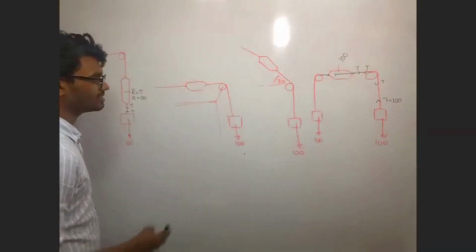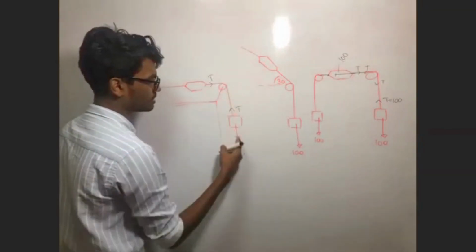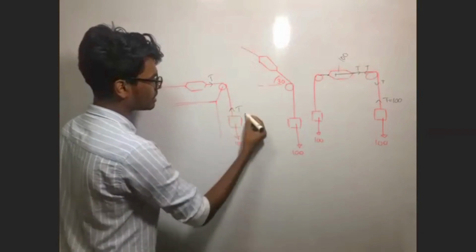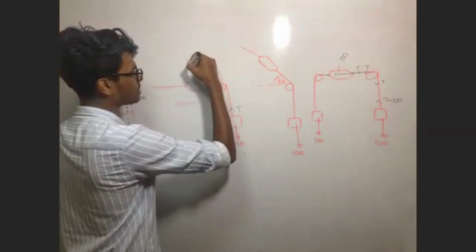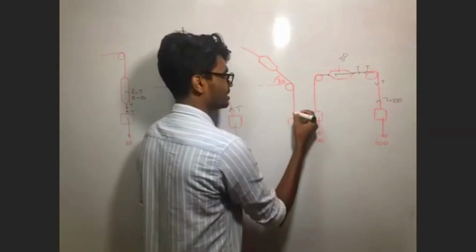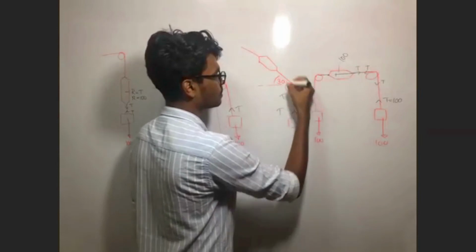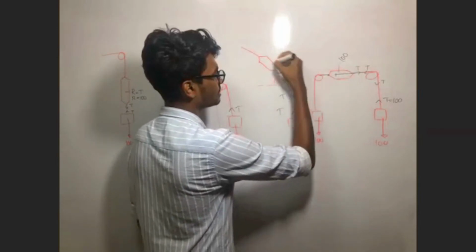So let us come to this. This is also 100, right? Because tension is going to be 100. This reads 100. So here, tension is going to be 100. Does it matter?